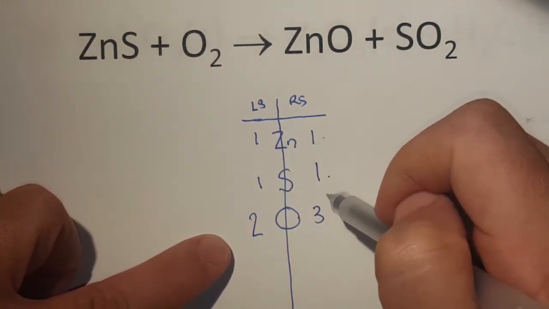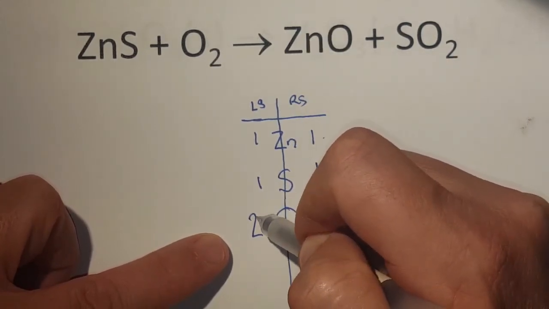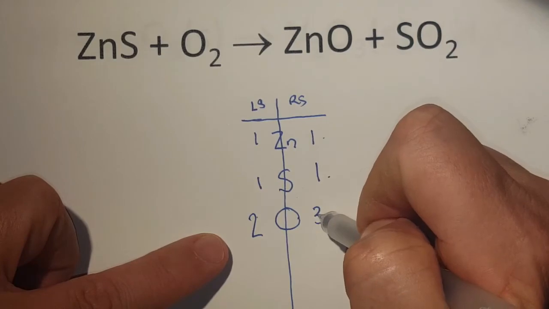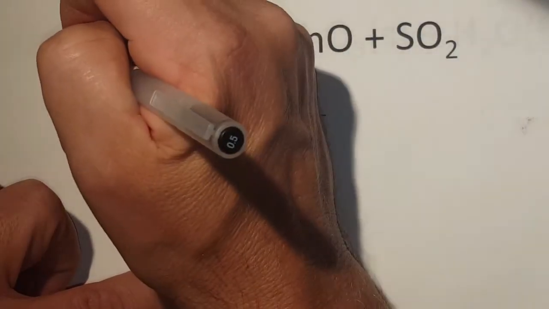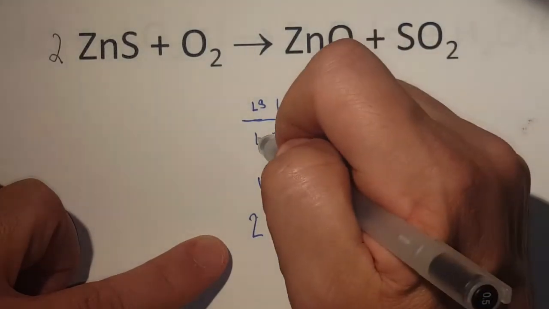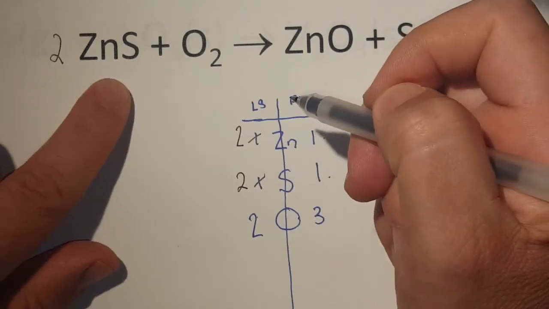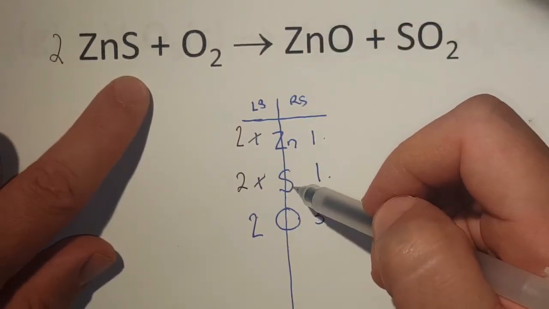Oxygen balanced? No. And this is one of those cases where if I have even on one side and odd on the other, the only way we can balance it is to go back and double the coefficient in one of them. So I'm going to put a 2 there. That will change the number of each of these, because now since I have 2 of these, I have 2 zincs and 2 sulfurs.